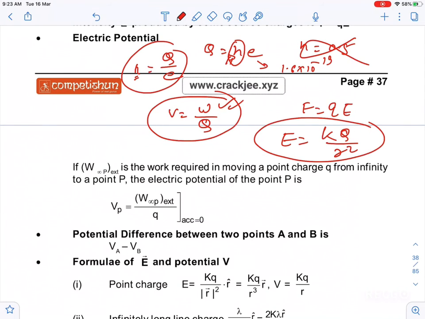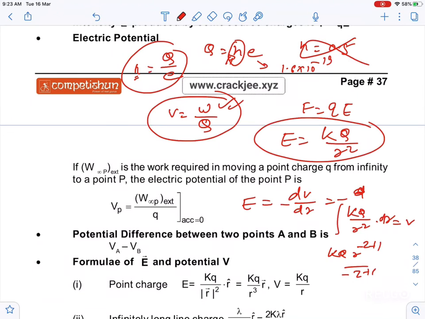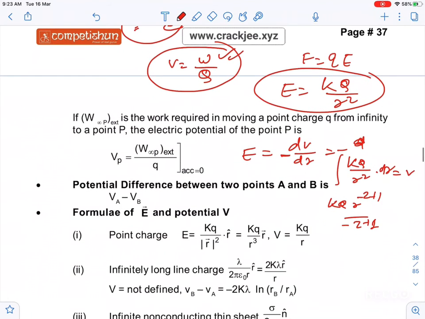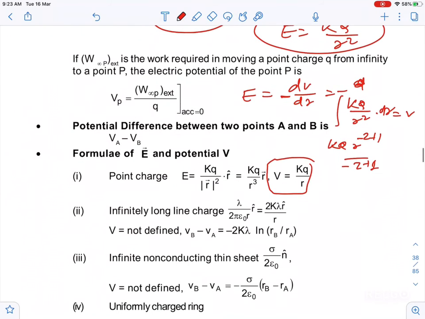KQ by R square is the electric field, and for potential, if I differentiate, dV by dr with a minus is equal to the electric field, so V is minus the integral of E dot dr. So KQ by R square into dr, integrating it, you get V. When you integrate it, KQ R to the power minus 2 plus 1 upon minus 2 plus 1, so minus KQ by R; with the negative limit from boundness, that negative becomes plus. So that is actually KQ by R, the potential. Electric potential is nothing but KQ by R.